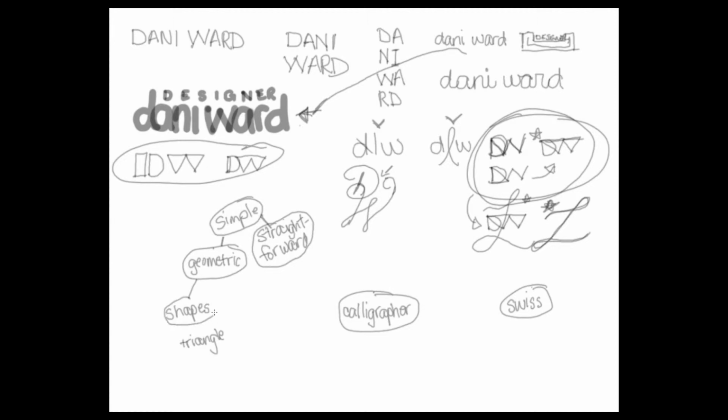So, all right, I'm going to put a little circle around shapes, and of course a triangle is a shape. Circle, rectangle. So I could continue listing shapes, but there's not going to be any other shapes that work well with my name.